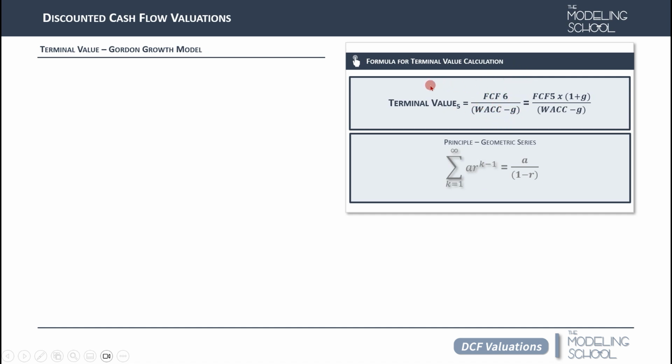Assuming we have projected diligently until year 5 and year 6 is where terminal value starts, the formula is as follows. In the numerator, we have the 6th year's free cash flow. And the denominator is WACC minus the growth rate. But because we don't yet have the 6th year's free cash flow, how we calculate this is we go to year 5's free cash flow and multiply it by the growth rate, which gets us to year 6 free cash flow.